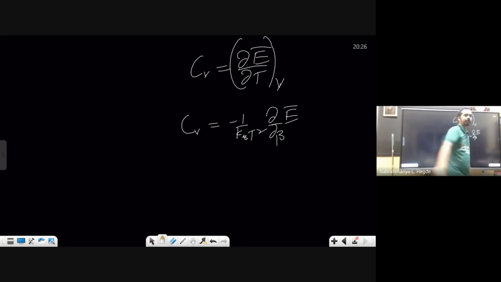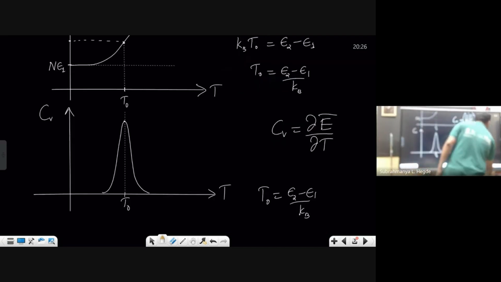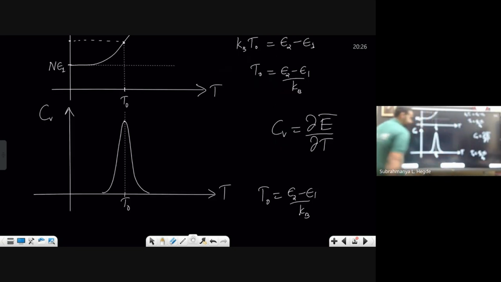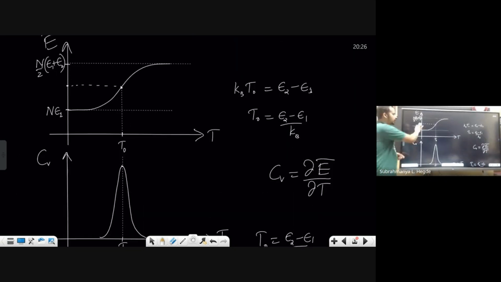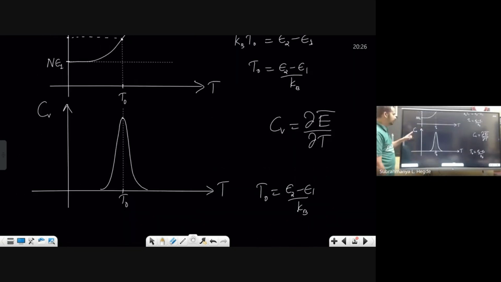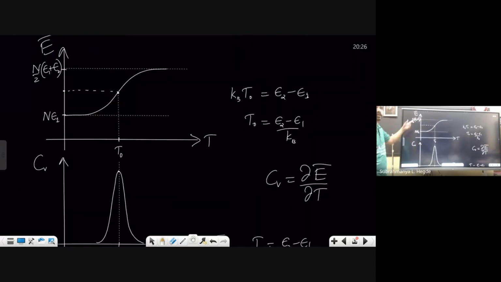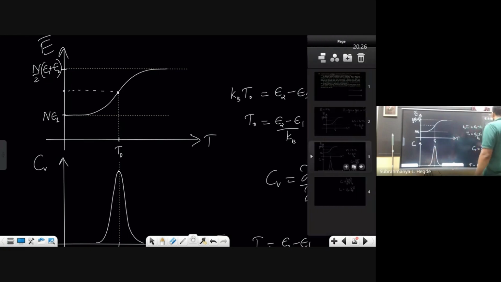It's a temperature derivative, because here I have drawn with respect to temperature. This is nothing but slope of this one. This is what he is expecting in part A and B of the problem: draw the qualitative plot of average energy as a function of temperature, and heat capacity as a function of temperature. If you draw this one, this is the slope to this one.